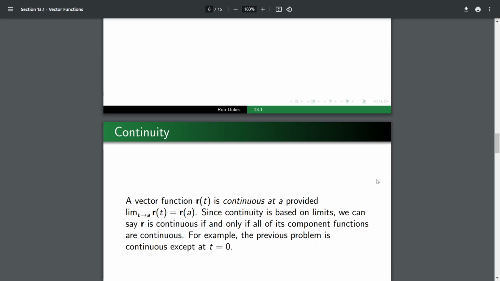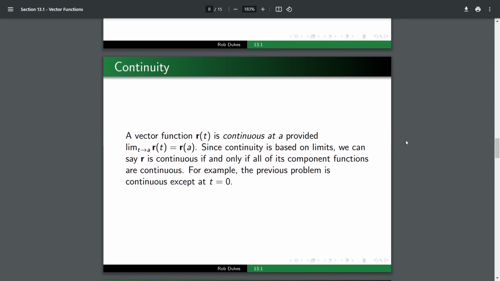All right, so let's go on to the next one. Let's talk about continuity. What is continuity? Well, we learned this back in Calc 1 in concept. The limit has to exist, and you also have to be able to plug in directly, so not just take t to a, but also plug a into r directly, and they should give you the same thing.